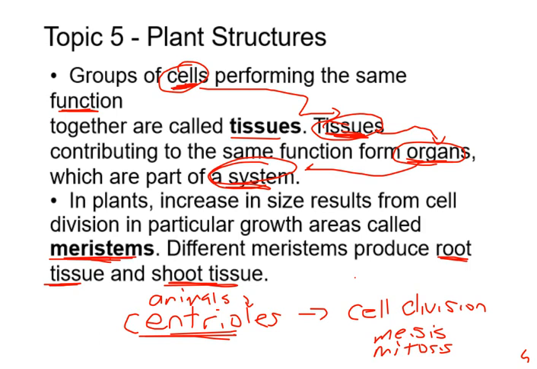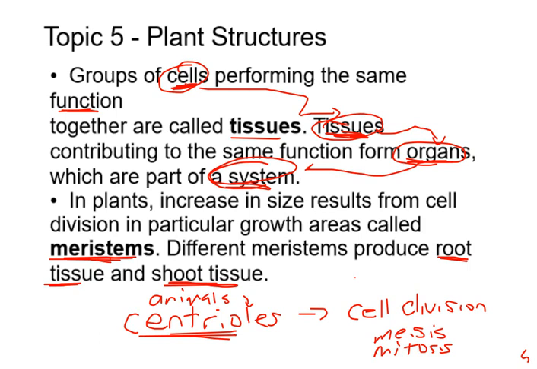Now in humans, there's lots of different systems. We've already talked about your nervous system, your respiratory system, your circulatory system. There's your excretory system. There's your digestive system. Right? There's lots of systems. We're focusing on two. Now, without looking further ahead, anyone want to take a guess as to where the roots are located?